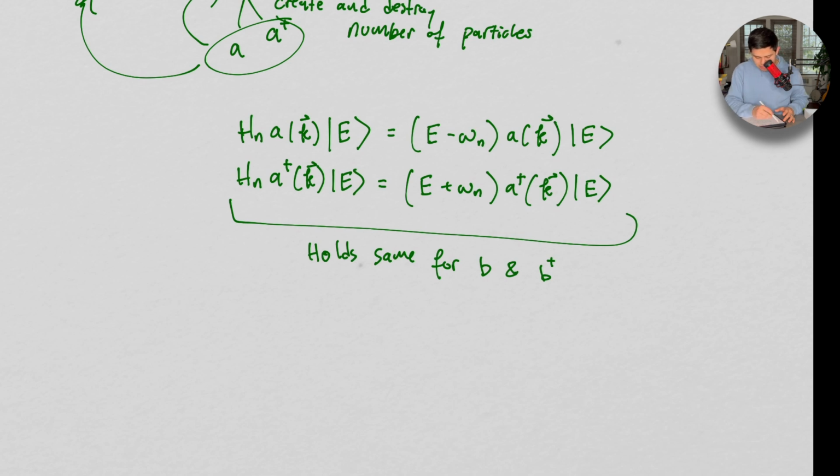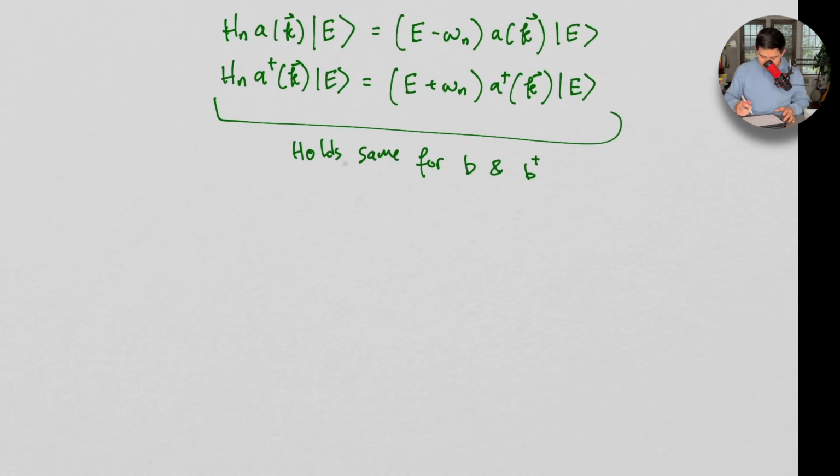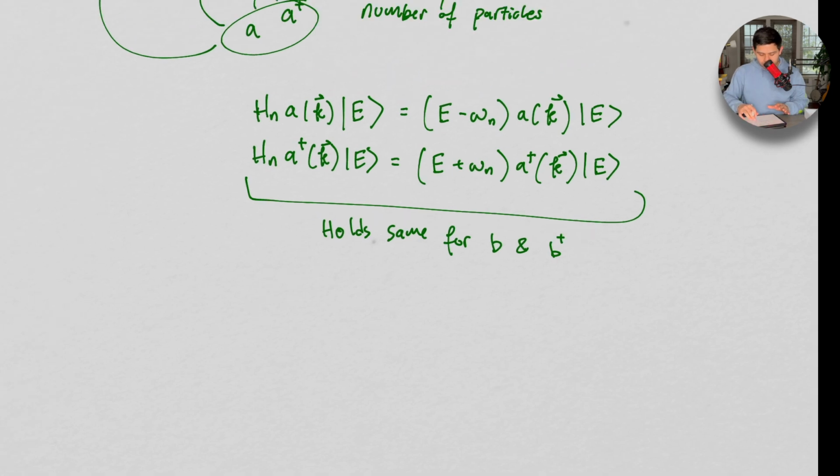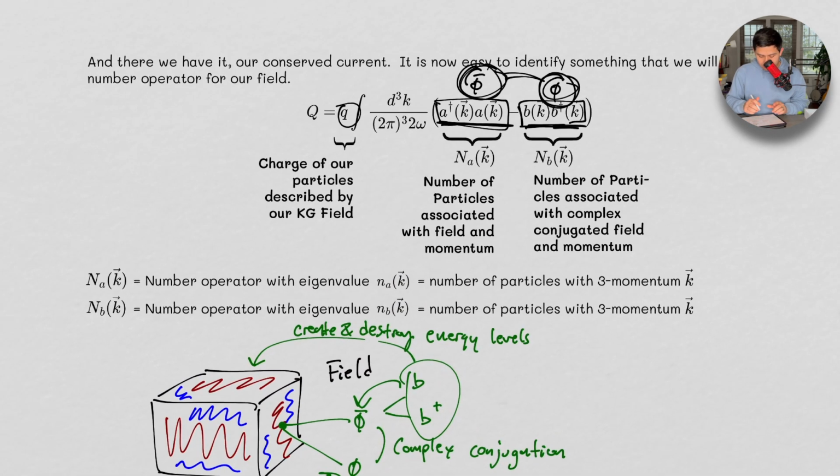What fundamentally differentiates A from B is the type of particles that they associate with. The B particles are going to take away the complex conjugated particles, those are particles of opposite charge. Which is why we have that charge. So it's not that the charge is a different number. It's just opposite. It's a complex conjugate of that.